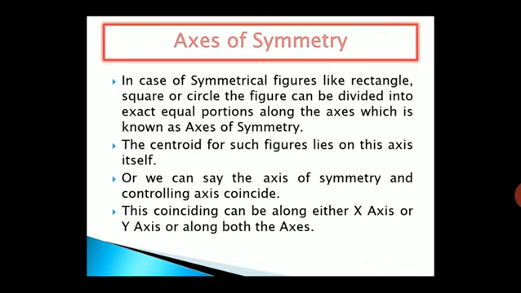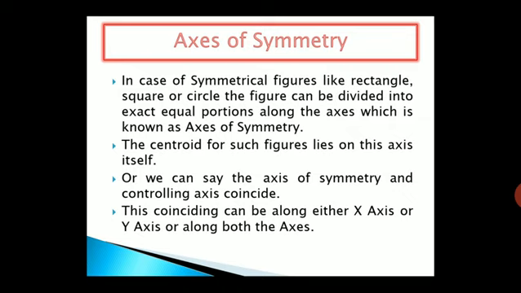So this is a completely symmetrical figure where along both the axes, when we cut the figure, it results in equal halves. Whereas if I take an equilateral triangle, and cut it vertically, the left and right sides will be the same. Whereas if I cut it horizontally, the top and bottom won't be the same.